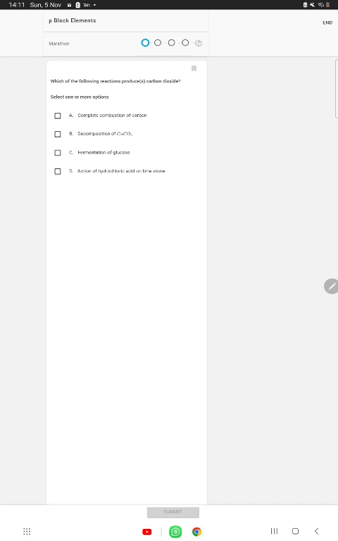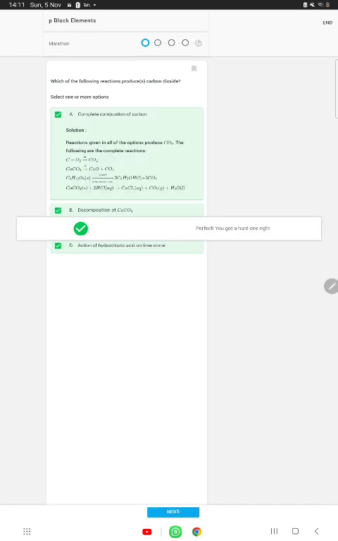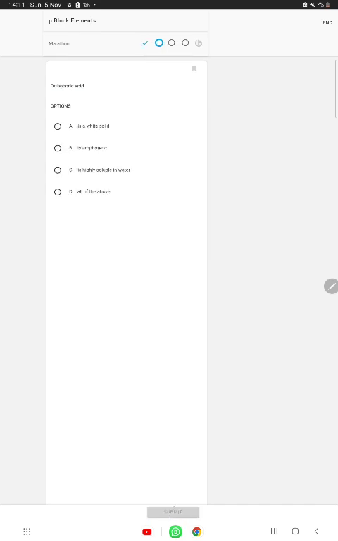Which of the following reactions produces carbon dioxide? Select more options. Complete combustion, this one. Formation of glucose, action of hydrochloric acid on limestone. Orthoboric acid is a white solid, is amphoteric, highly soluble in water.